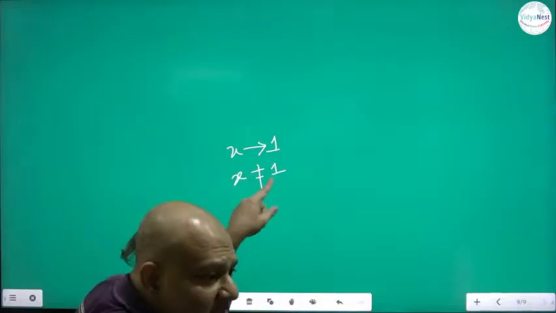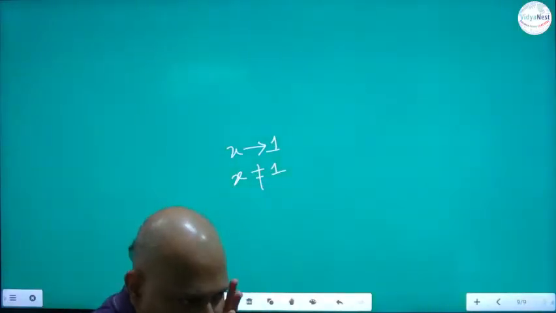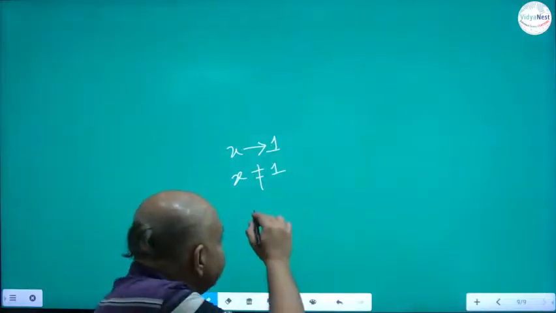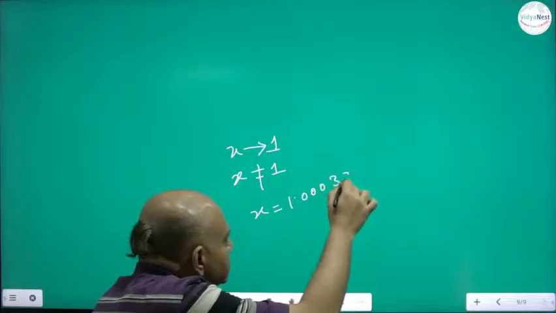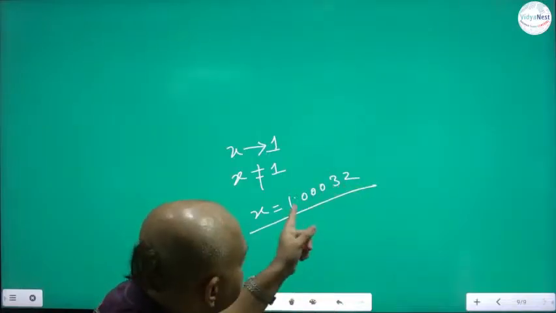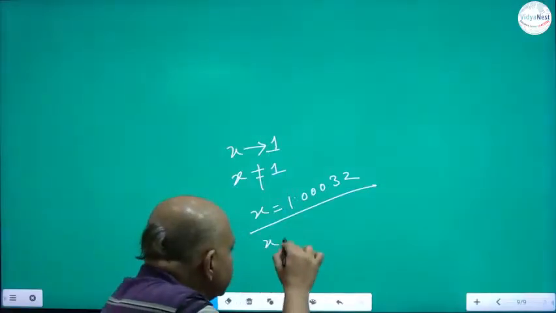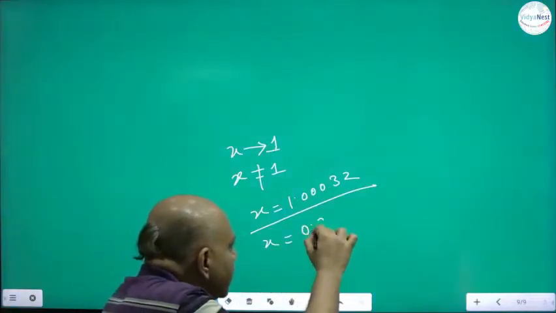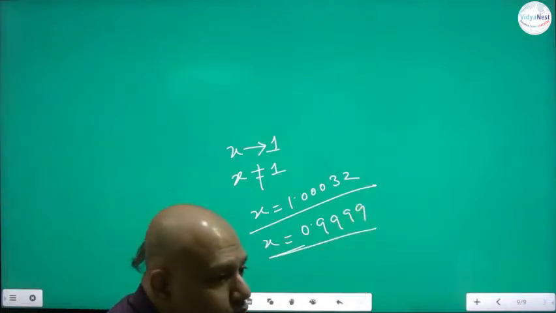But x is extremely near to 1. Just like x can have the value 1.00032. This number is very near to 1. But I can also tell x is equal to 0.9999. This number is also extremely near to 1.